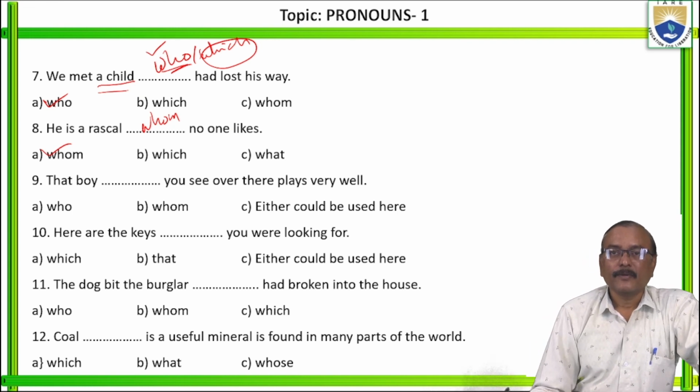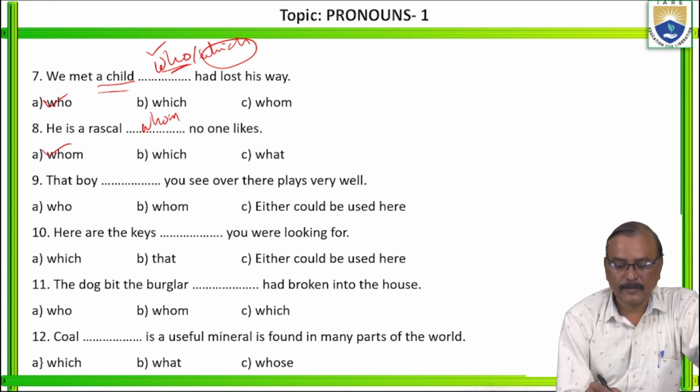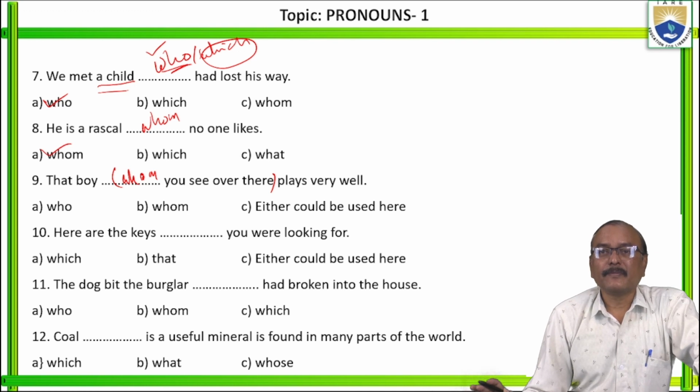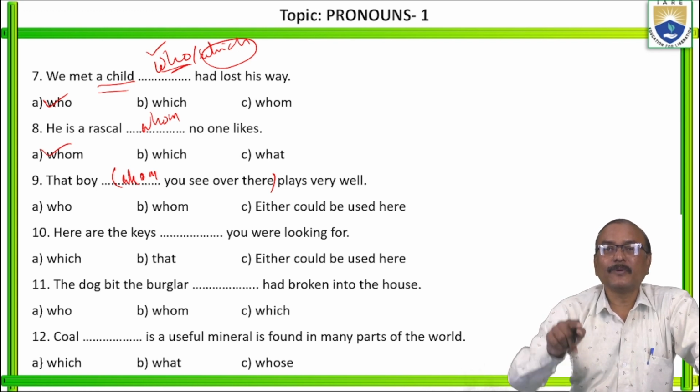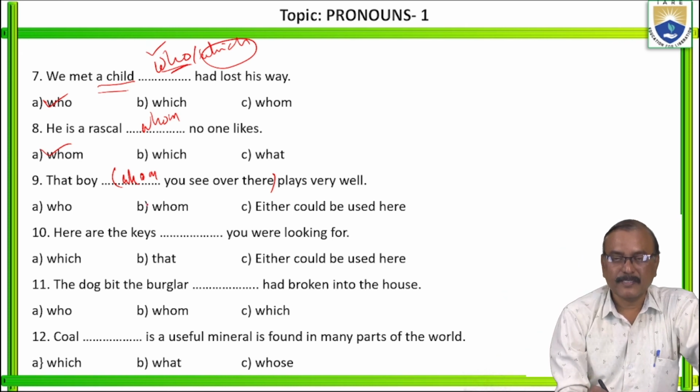The boy whom you see over there, whom you see over there, plays very well. Here that is, the boy plays very well. Which boy? Whom you see over there. That boy. Okay. Is it clear?